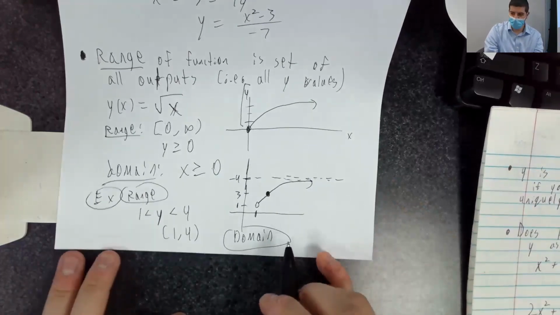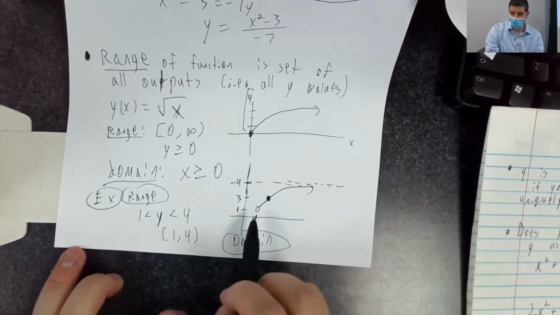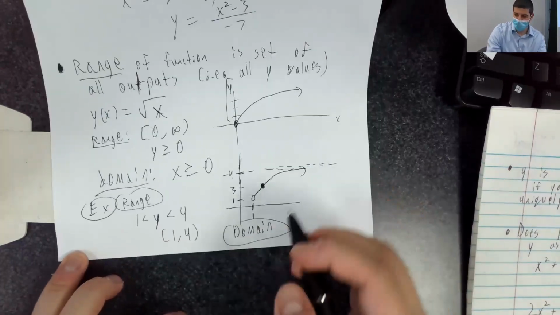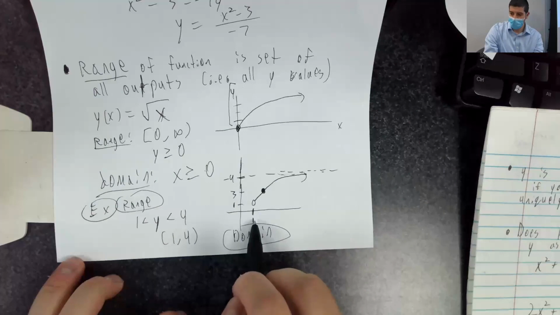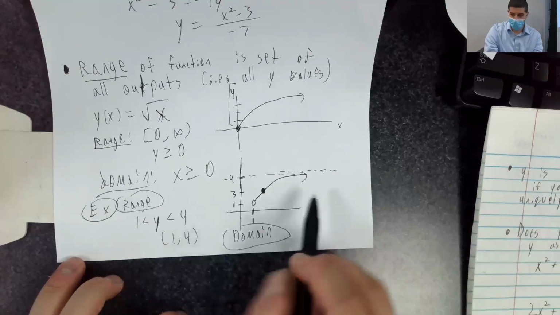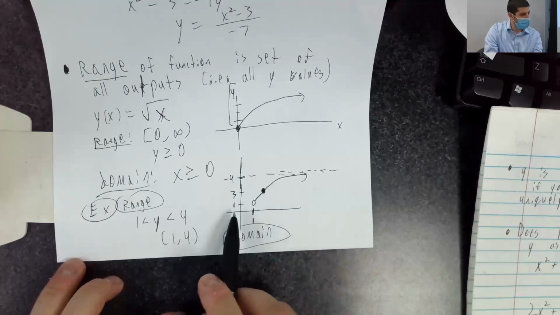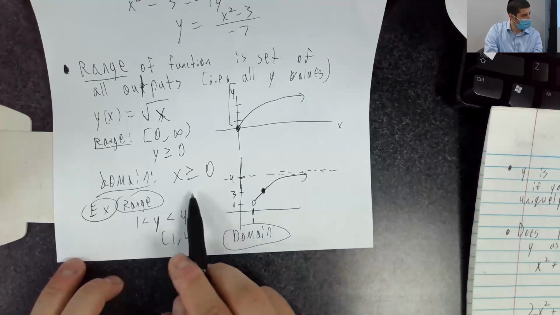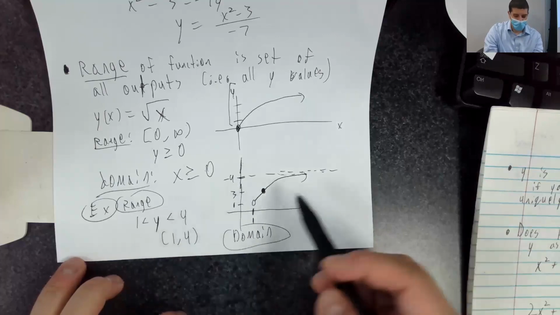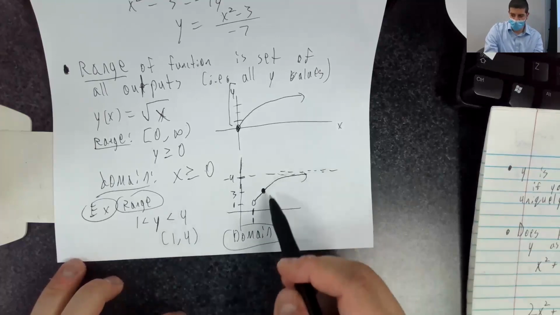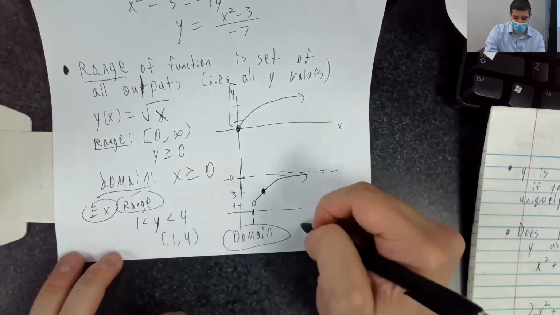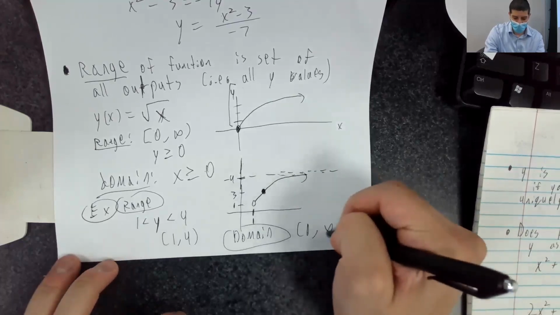Which x values are getting used in this function? Does anyone see? Right, what Beza is saying is 1, and then everything bigger than 1. Am I plugging in values less than 1, like -1? No, there's no graph there. So wherever you see the graph, just see which x values. The domain is 1 to infinity.